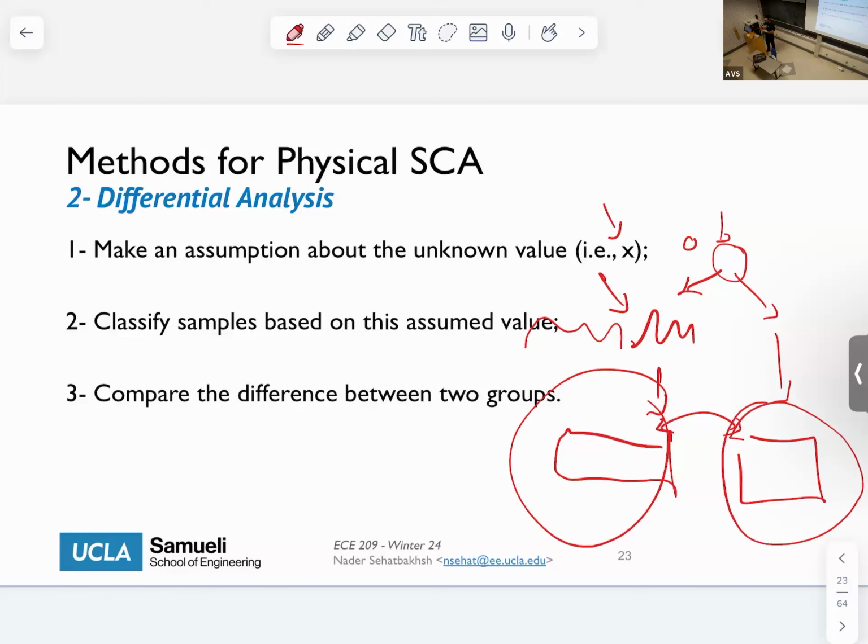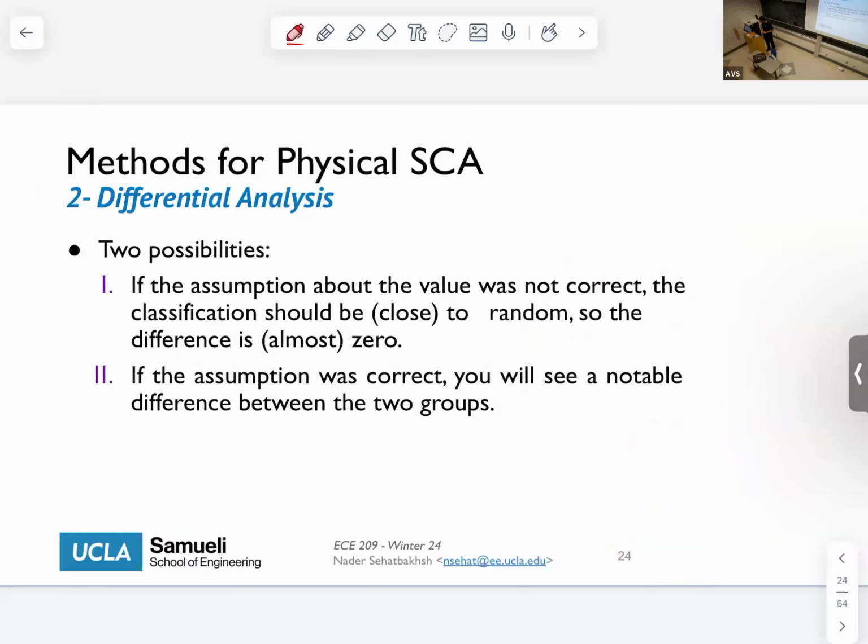If I subtract these two, I should see that difference. The idea is, can I do that classification correctly? If I can, there will be a difference. In other words, if I see a difference, it means I classified correctly. That's the idea of differential power analysis.